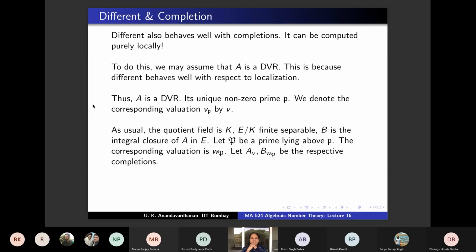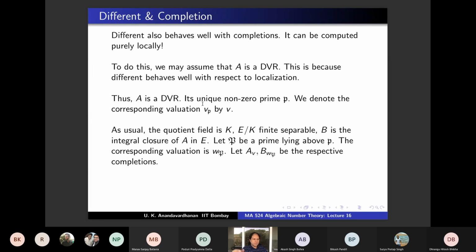So A completed with respect to v is A_v, and B you can complete. What I mean by completion is you have a valuation on K, you complete K, and in that you take the closure of A.